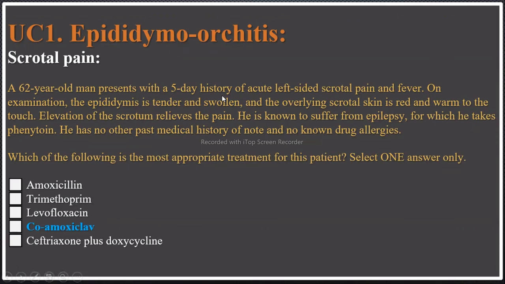So 62, 5-day history of acute left side scrotal pain, fever. Epididymis tender and swollen. Overlying scrotal skin is red and warm to touch. Elevation of scrotum relieves the pain. What does it mean, relieves the pain? What is the sign? Prehn sign. So what is the diagnosis? Epididymo-orchitis. He is known to suffer from epilepsy. What does it mean?